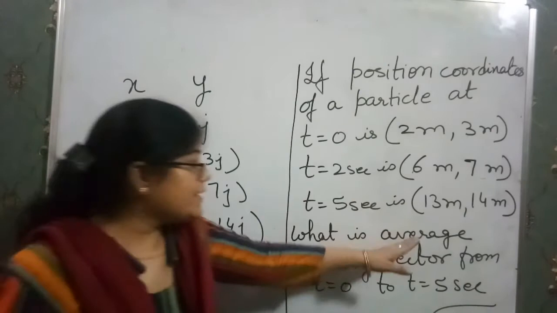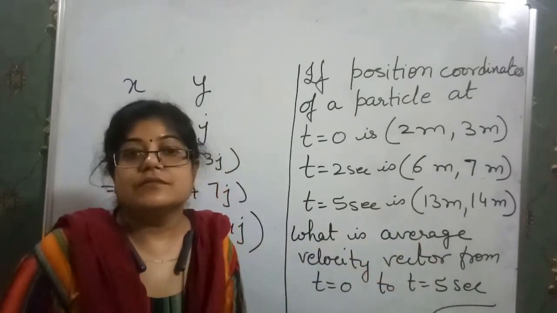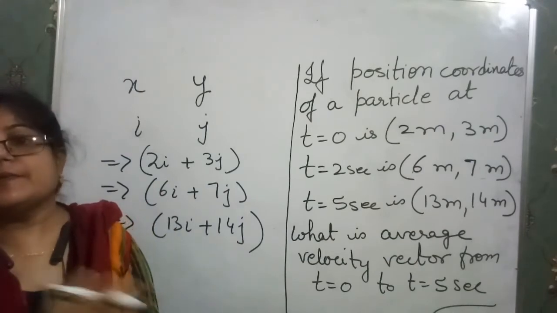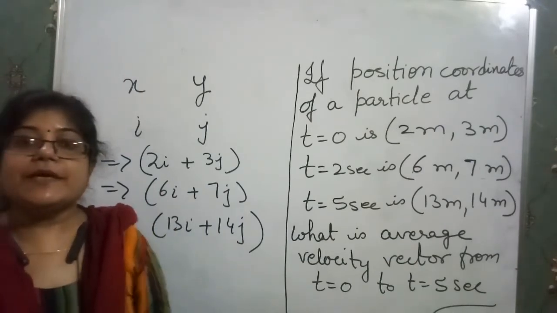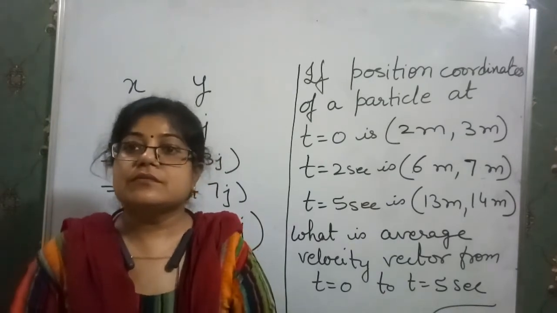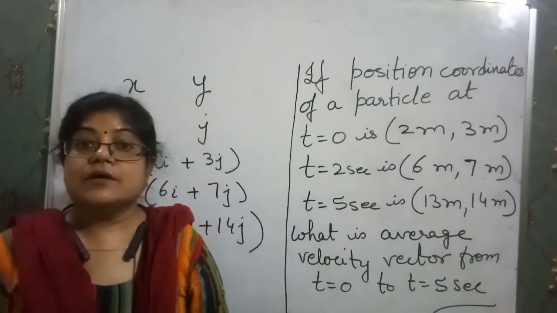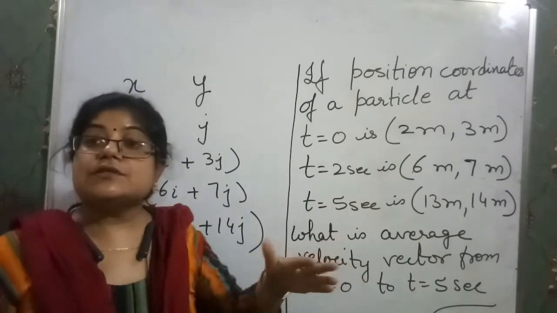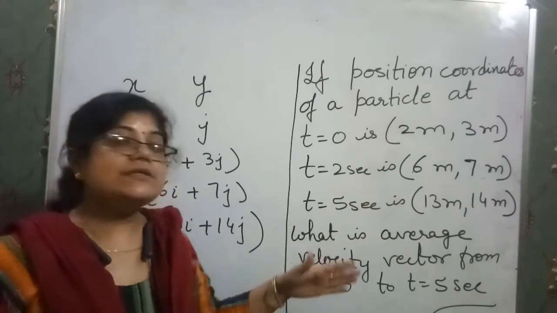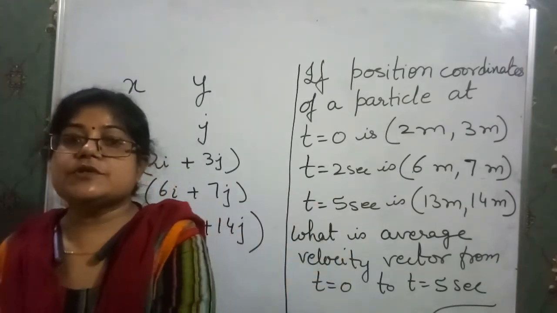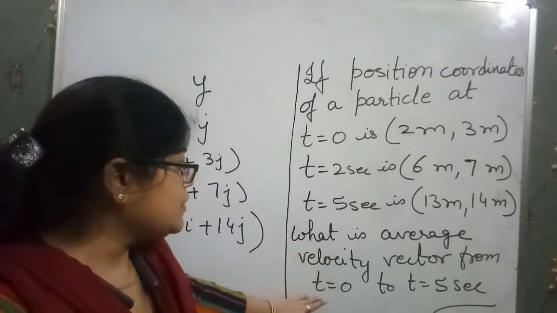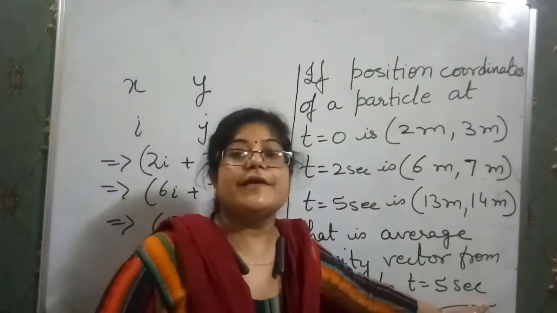Now we have to find the average velocity. Average velocity means we have to find the displacement. Displacement means the difference of initial and final position. We have to find the total displacement. Average velocity means the difference of final position from the initial position. And here it is given in the question, find from t equal to 0 to t equal to 5 seconds.